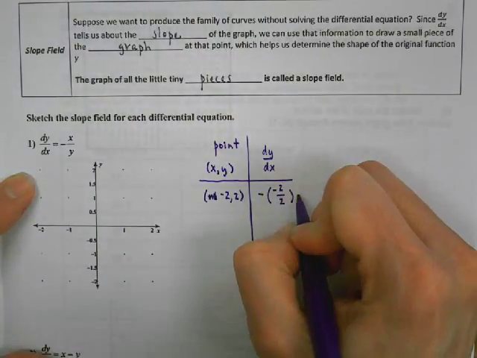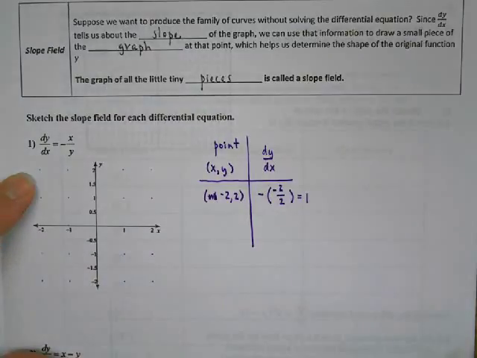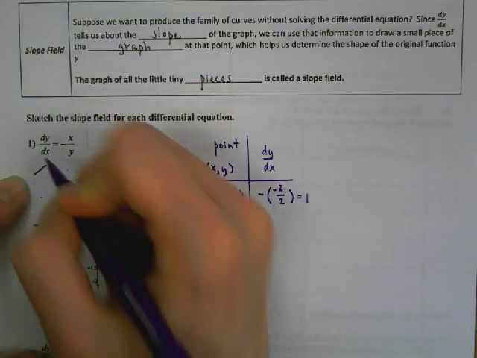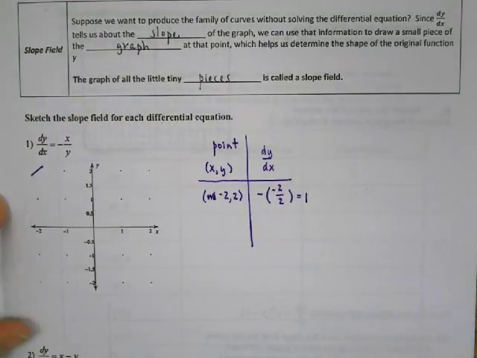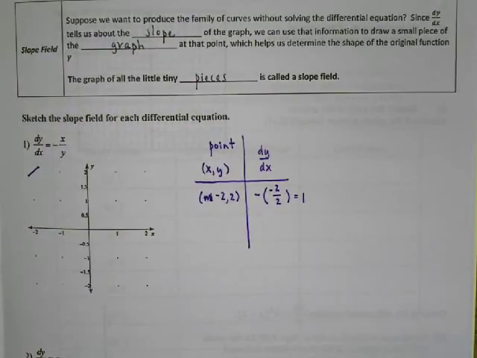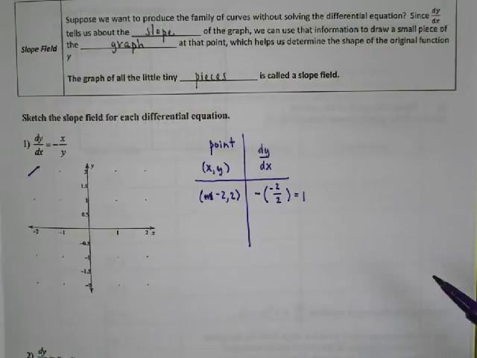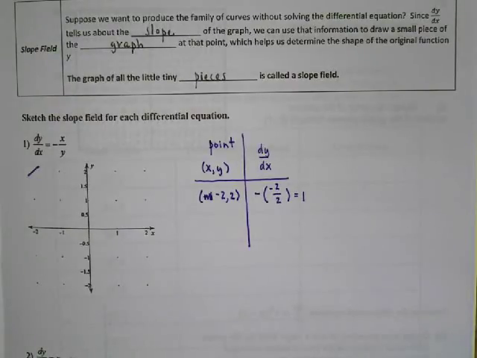So the opposite of negative 1 is just going to give us a positive 1. So at negative 2, 2, I'm just going to draw in a slope that looks like it has a slope of 1. What's most important is that it's positive. Most often in the rubrics for AP, they're going to be checking if you have positive, negative, or 0 slopes as appropriate.